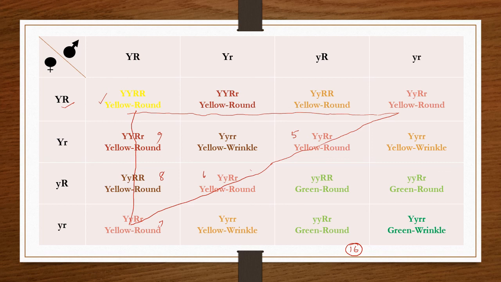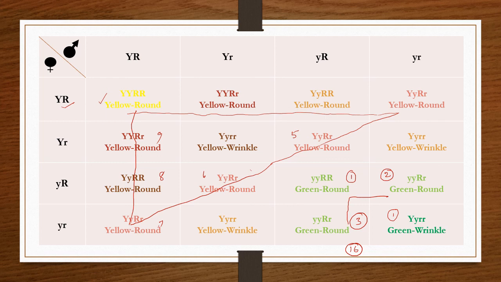And then if you come to the last column, the 16th one, this is only one green wrinkled plant. It is only one. And now there is a new combination here, these 3. So 1 green round, 2 green round and 3 green round seeded plants are 3.